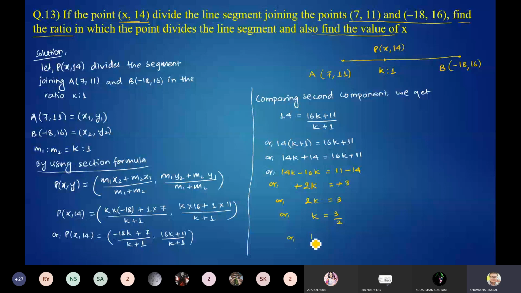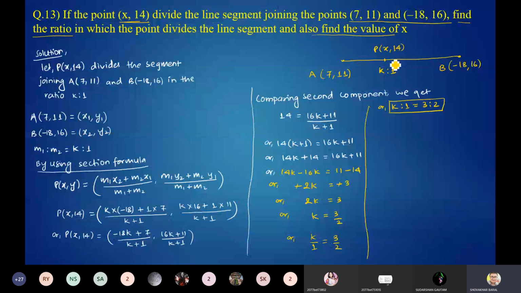We supposed the ratio to be k is to 1, so k upon 1 equals 3 upon 2, or k is to 1 equals 3 is to 2. We got the ratio, and the ratio is 3 is to 2.